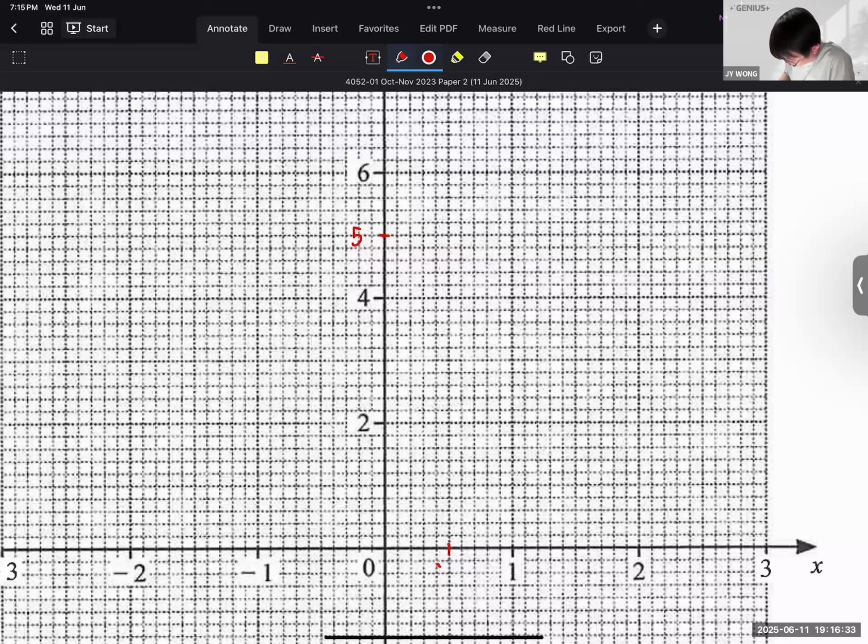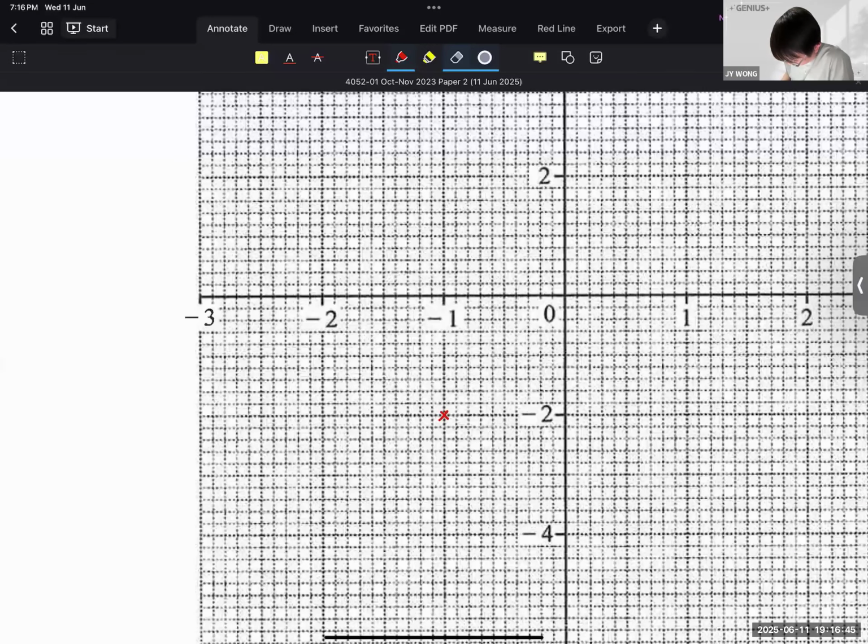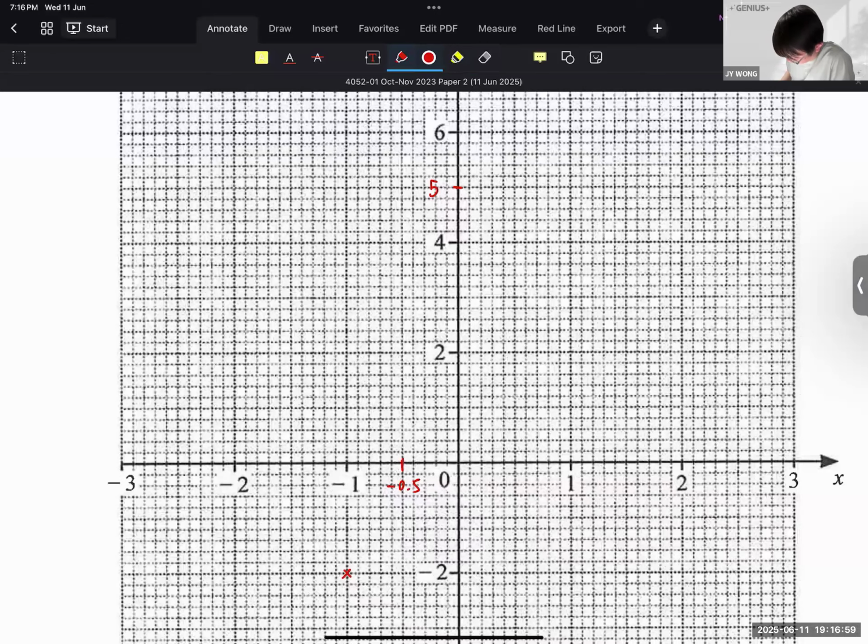This is 9, so 8.5 will be in between. 1 is 4. 1.5 is 4.4. 2 is 5.5. 3 is 8.2.